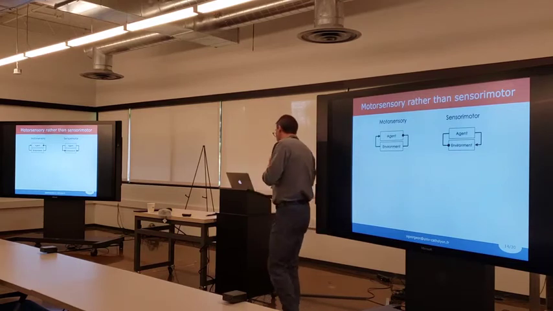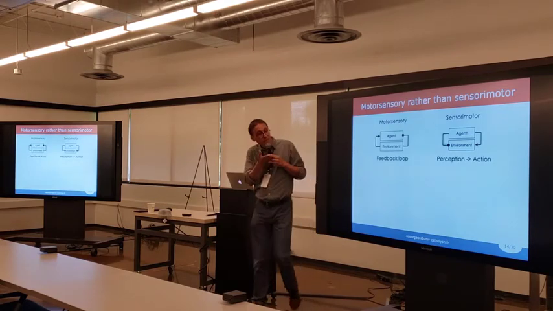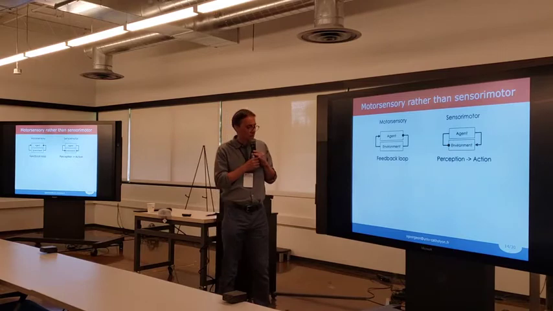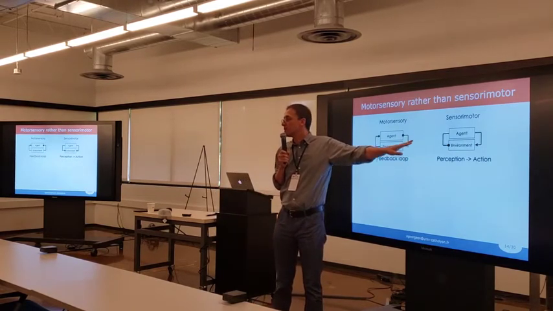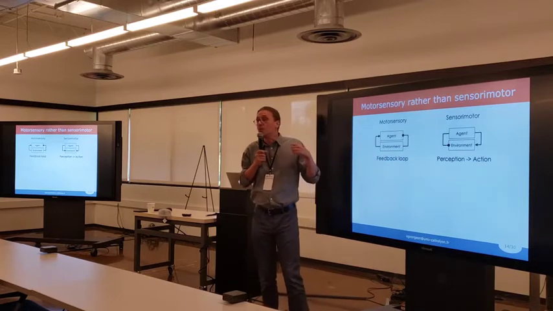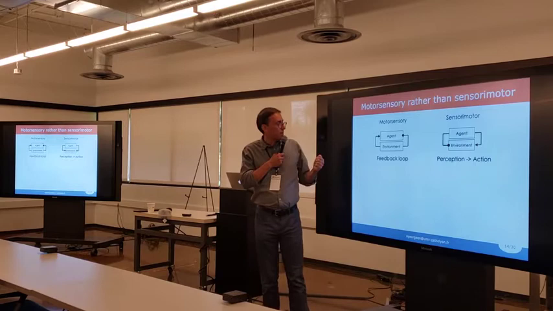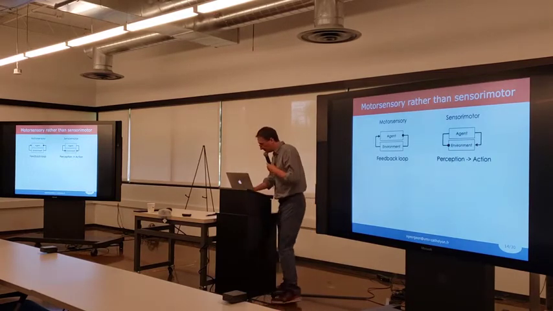So instead of talking of sensory-motor loop, we talk of motor-sensory loop, that is feedback loops, as opposed to perception-action. In short, we don't consider the input data as a representation of the state of the world, because that would amount to providing predefined labels. So we consider input data as feedback from action.